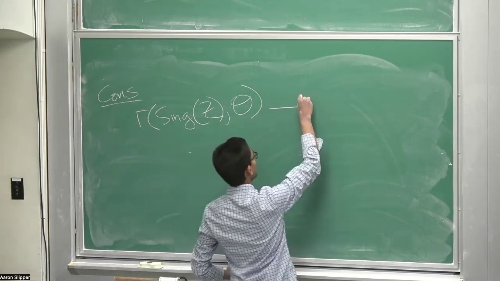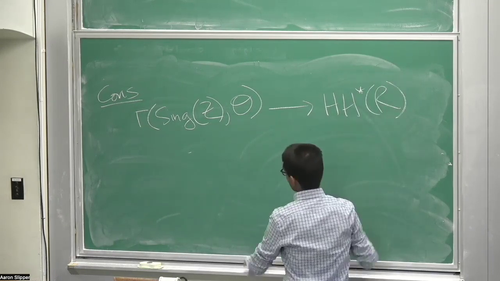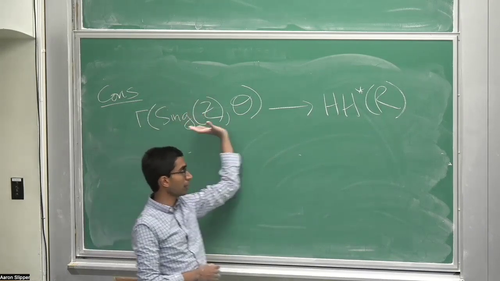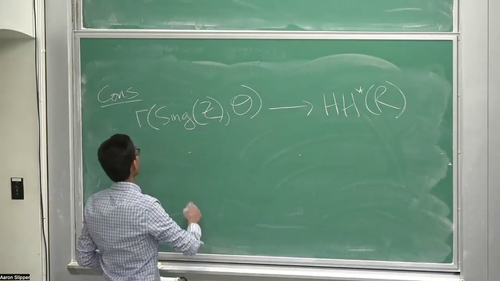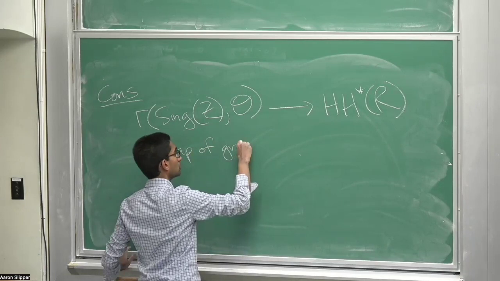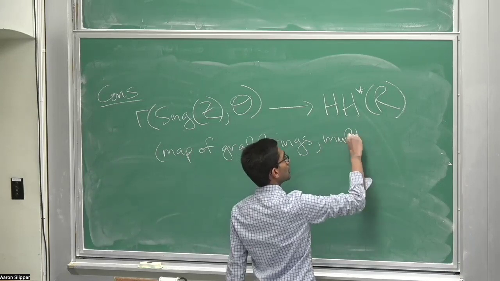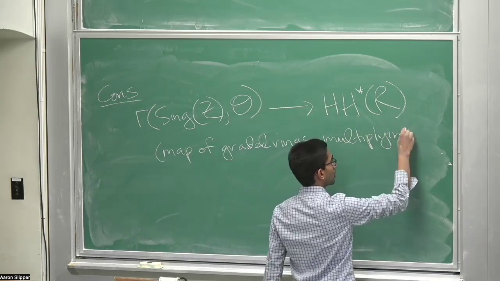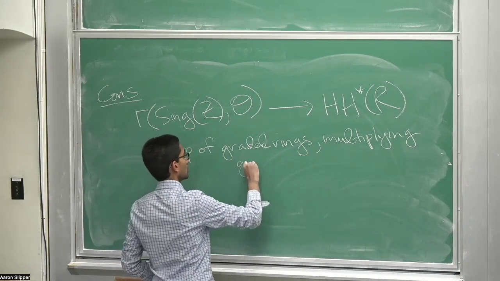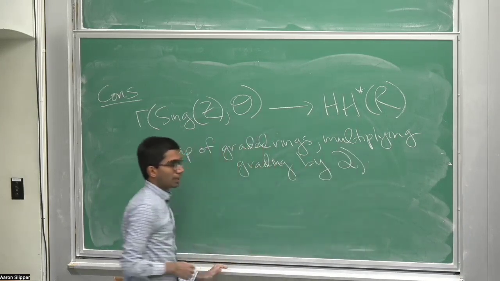This naturally maps to the Hochschild cohomology ring, respecting the grading, in such a way that degree 1 classes here are going to degree 2. So it's a map of graded rings, multiplying the grading by two. I think this is some version of the actual Koszul-Rosenberg isomorphism.